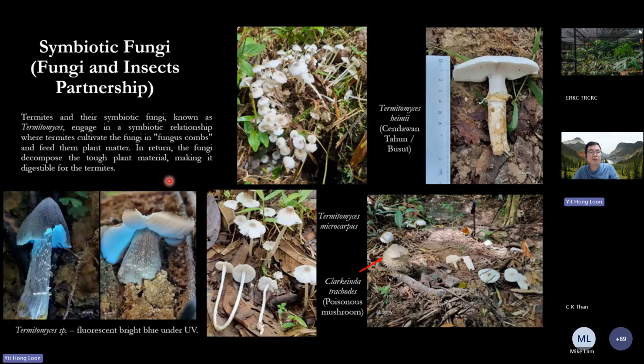Actually, not all mushrooms have this fluorescent response, because only certain of them have it. That's why using a UV light is also one way to do mushroom identification. But this can only be done by experts lah, not a lay person.